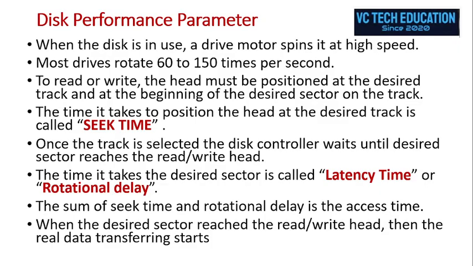Then the performance of a disk. The disk performance will be identified with the seek time. That means how much time it takes to identify the data comes under the seek time. So you can observe here the seek time. The time it takes to position the head on the desired track is called seek time.